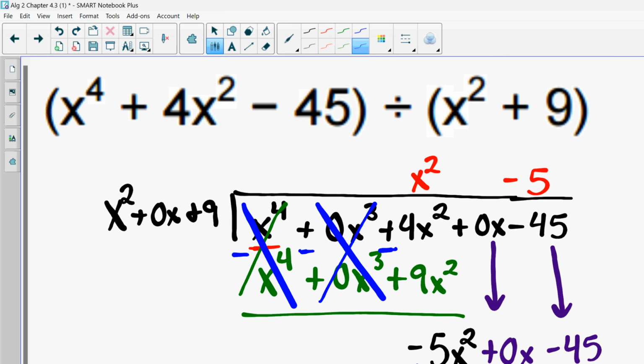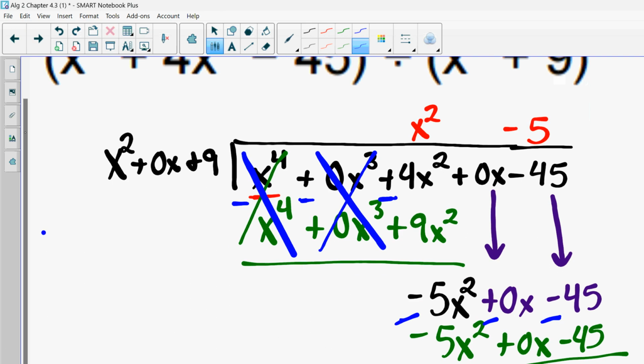And last but not least, we can subtract. Negative 5x squared minus negative 5x squared is 0. 0x minus 0x. Negative 45 minus negative 45. 0.